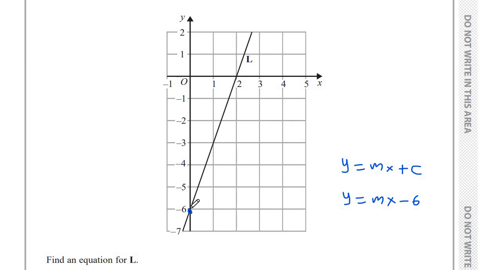All right, so let's look at this point and that point, and we just do rise over run. So it looks like m is going to be 6 over 2. So y equal to 3x minus 6 is the equation of this line.